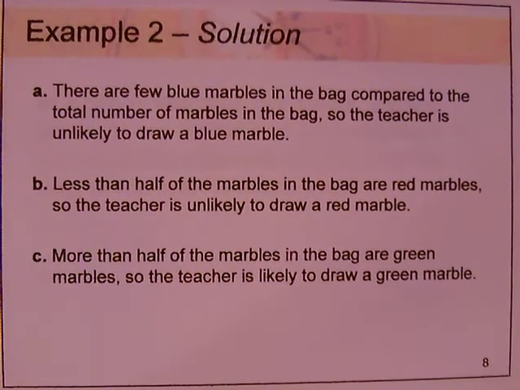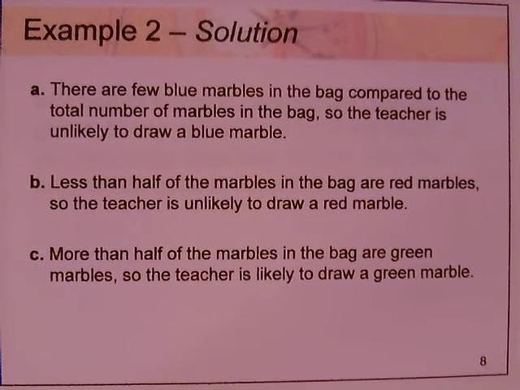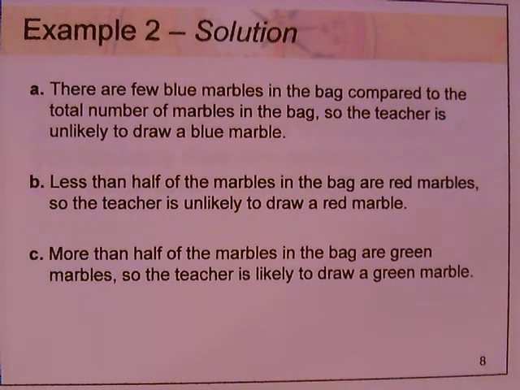In part A, there are a few blue marbles in the bag compared to the total number of marbles in the bag. So the teacher is unlikely to draw a blue marble. In part B, for drawing a red marble, there were 15 marbles. That means less than half of the marbles in the bag are red.